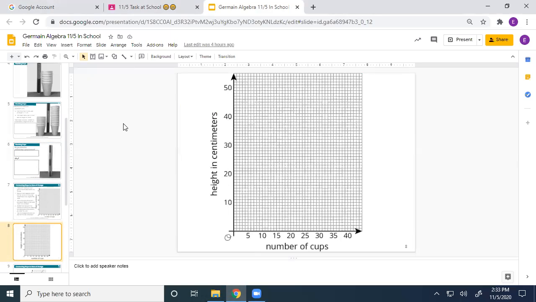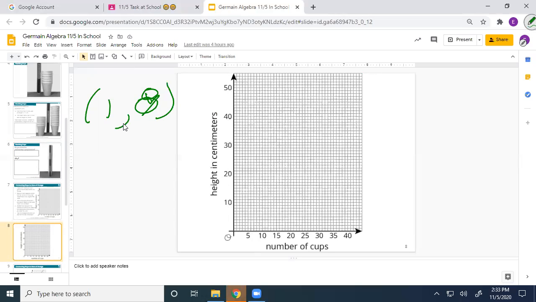So when we have 1 cup, number of cups, what did we say our height was going to be? What was our y value going to be, Dillo? 8. 8, very good. I wrote a y, I meant an 8.